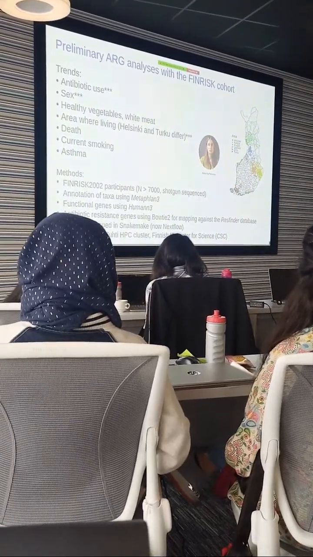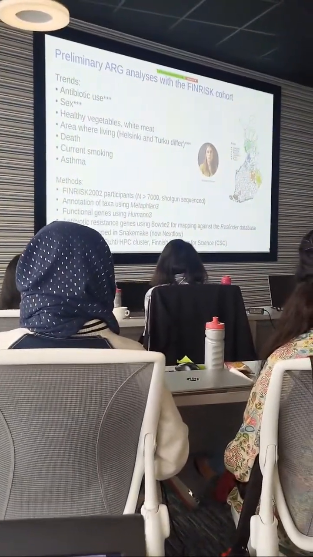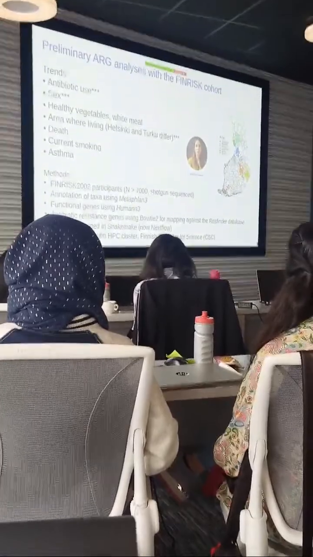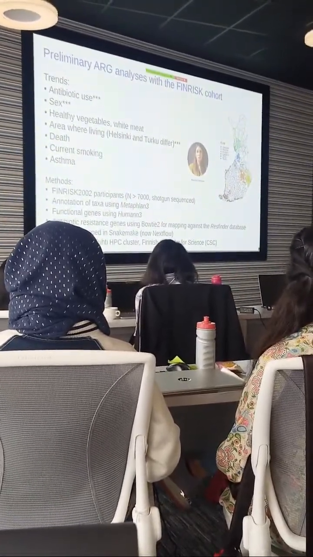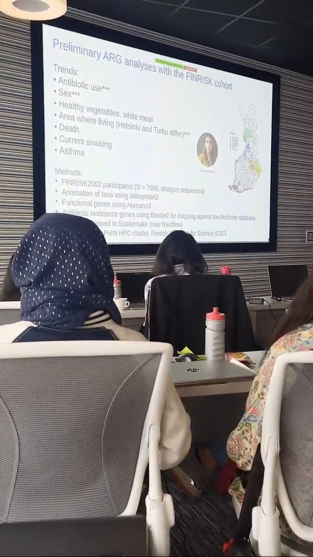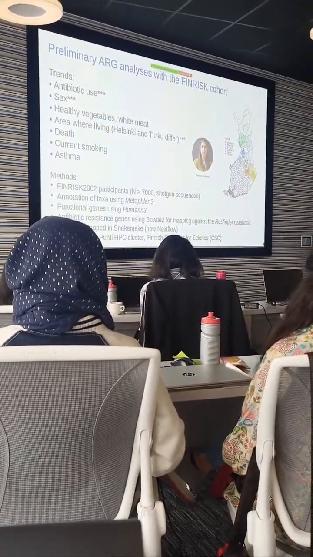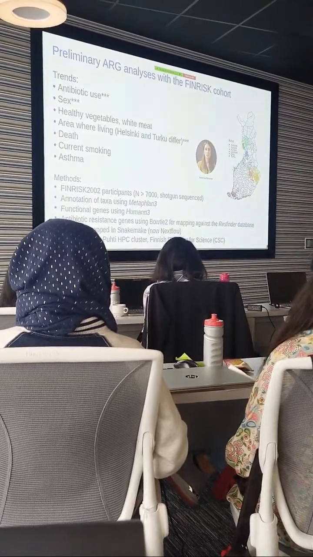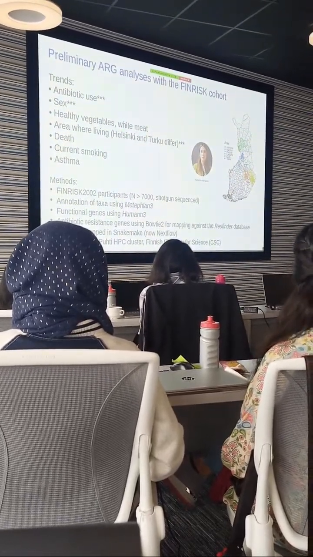And we have some significant associations with antibiotic use and sex. One interesting thing is that we are also able to see regional differences, and we are able to see differences related to diet in this cohort, but the further analysis is now ongoing.